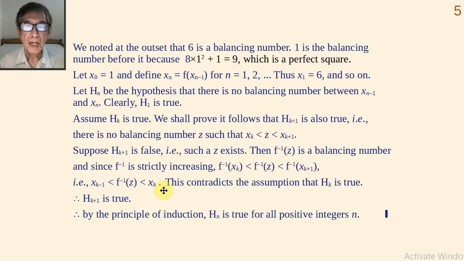Therefore, our assumption here that Hk plus 1 is false is not true. That means Hk plus 1 is true. So this concludes the proof by induction. Therefore, by the principle of induction, Hn is true for all positive integers n.